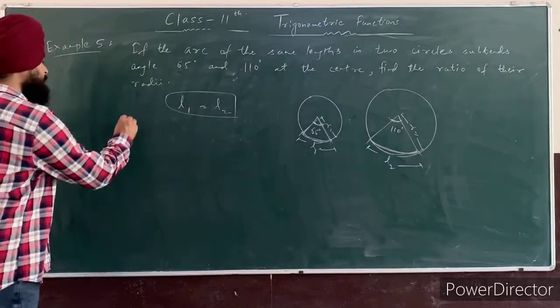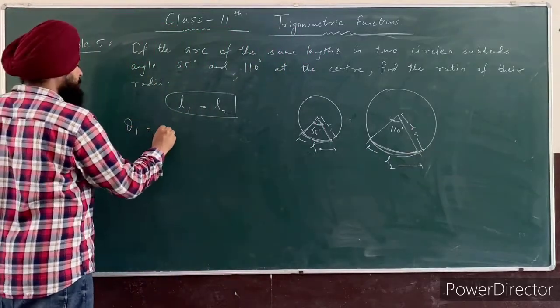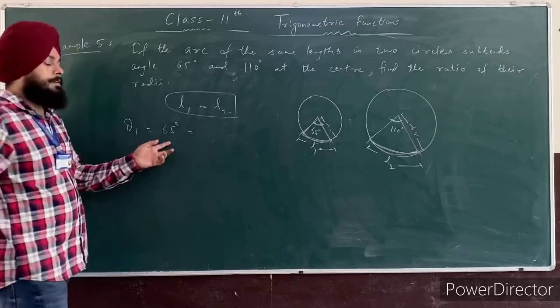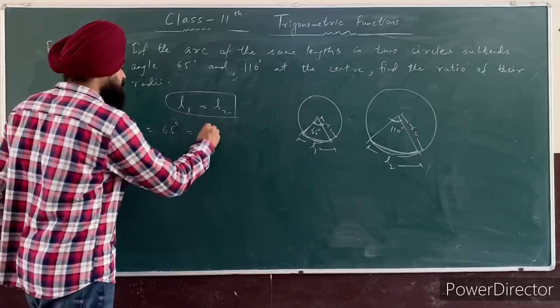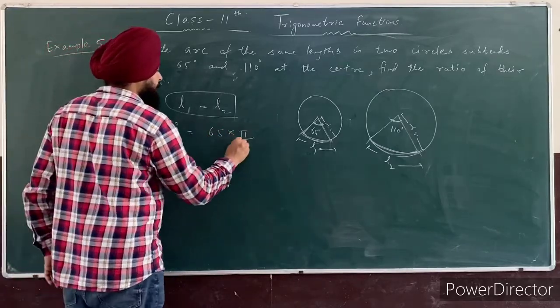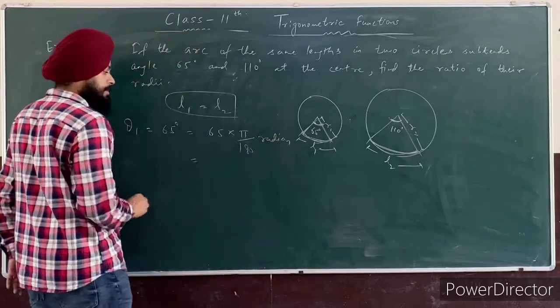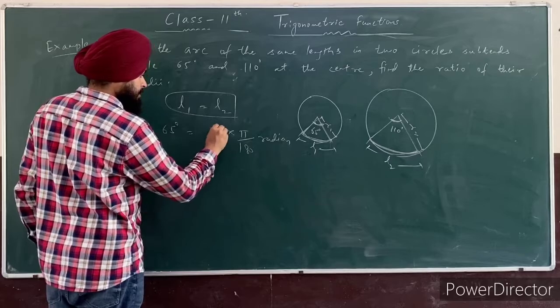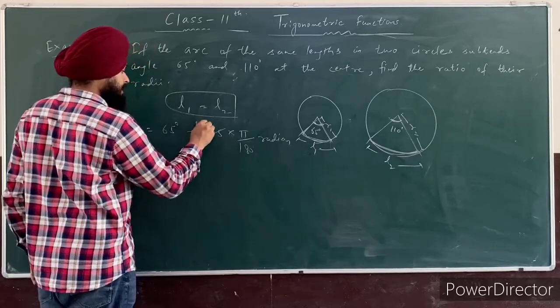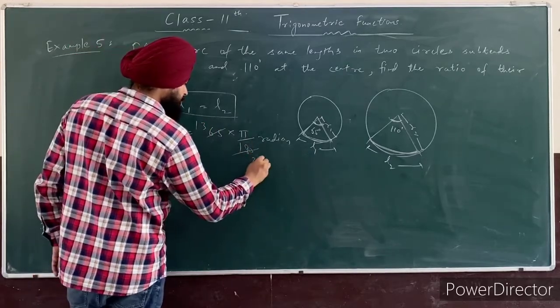Clear? Theta 1 is how much? It is 65 degree. So convert the degree measurement to radian measurement. You have to multiply by π by 180. So it is how much? 5 on the 5 is 15, 5 is 15, 5 is 30.